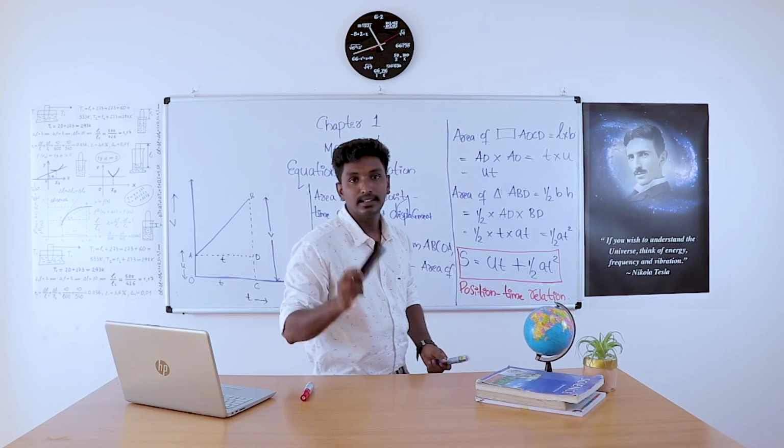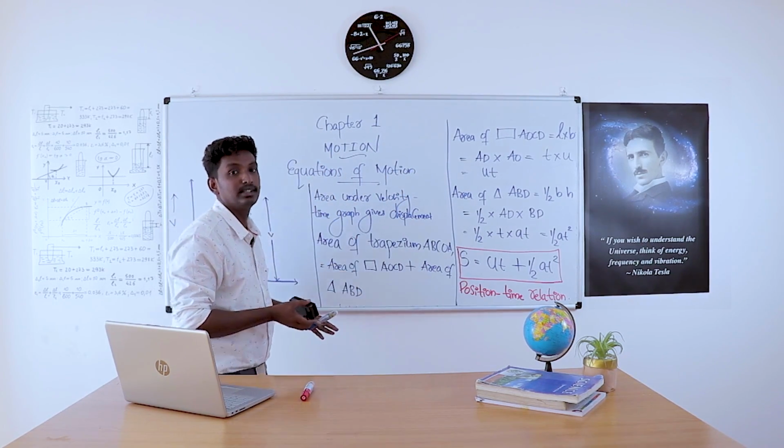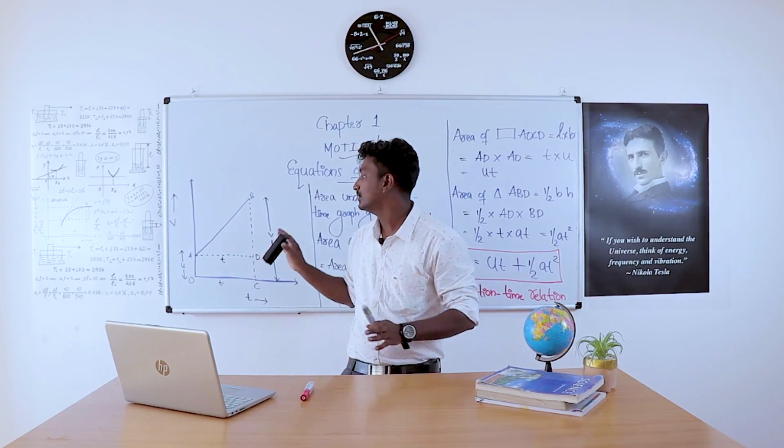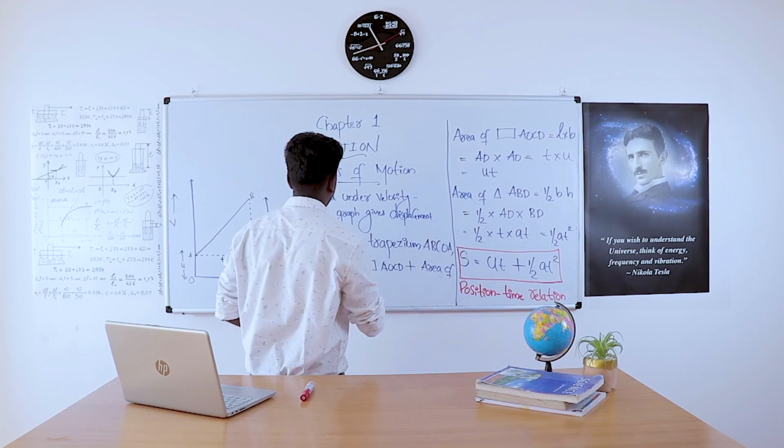Now we have to derive the third equation of motion from the same graph. Therefore, I am not rubbing it now. I am using the same graph to derive the third equation.